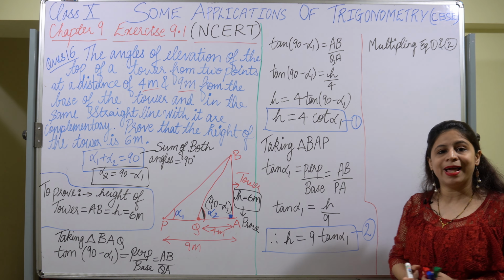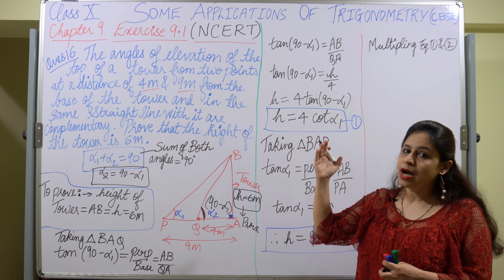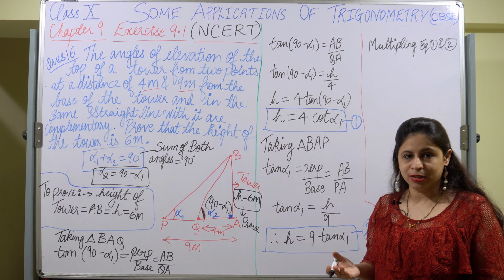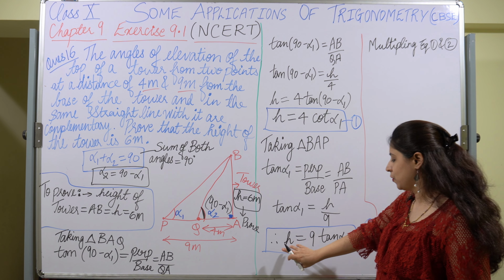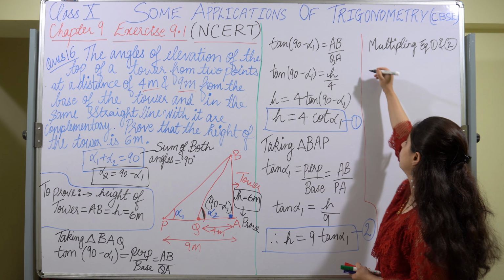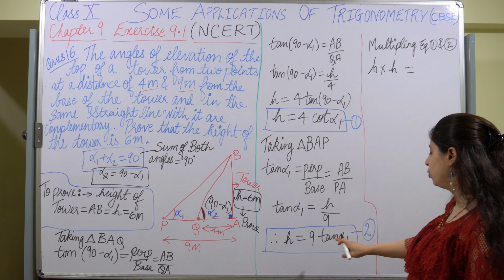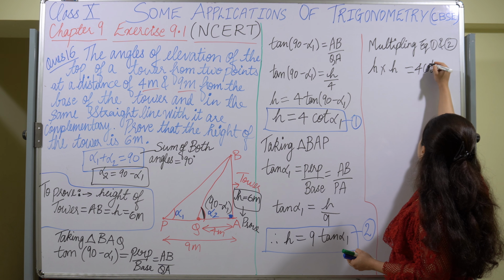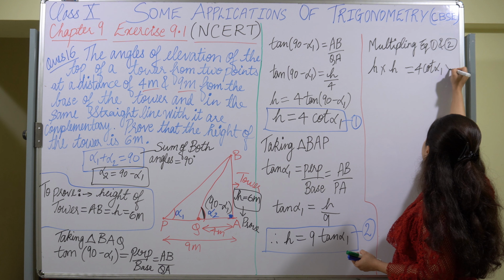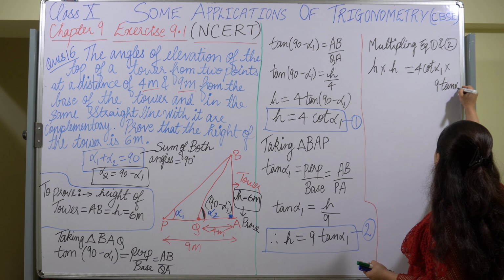When we multiply both equations, the LHS gets multiplied and the RHS gets multiplied. On the LHS we have H and H, so it will be H into H, equal to 4 cot alpha 1 into 9 tan alpha 1.